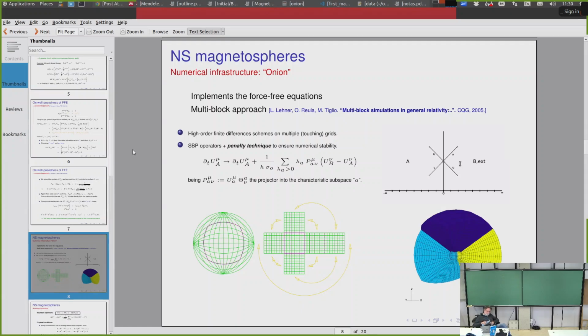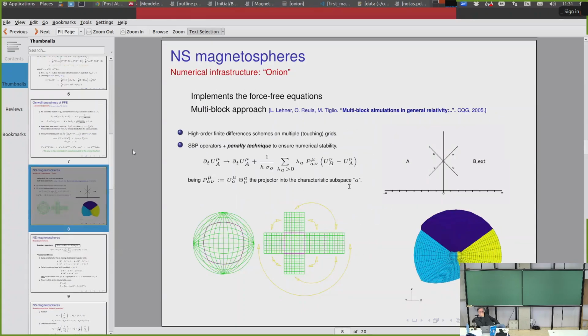So it's the same characteristic mode on the two sides, but for one domain it's incoming, and from the perspective of the other, with respect to the normal to the surface, it is outgoing. So with these penalty terms, you essentially match the incoming modes of one of the domains to the outgoing modes in the neighbor domain. And this guarantees you control of the energy at the discrete level in the full domain. So this is more or less the core idea of this code.